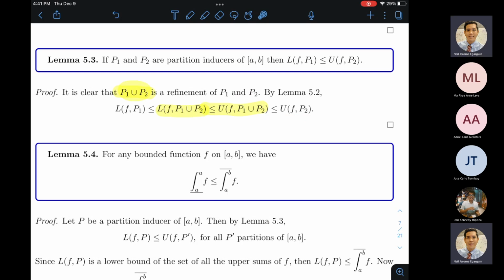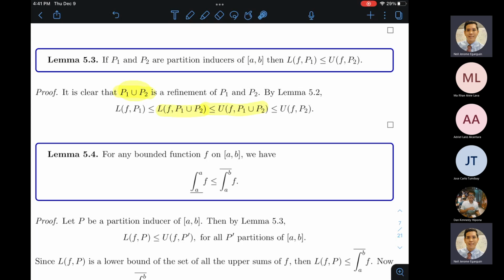And then by transitivity of the less than or equal to relation, we have the desired inequality that the lower Riemann sum of F relative to a partition inducer P1 is less than or equal to the upper Riemann sum of F relative to the partition P2.